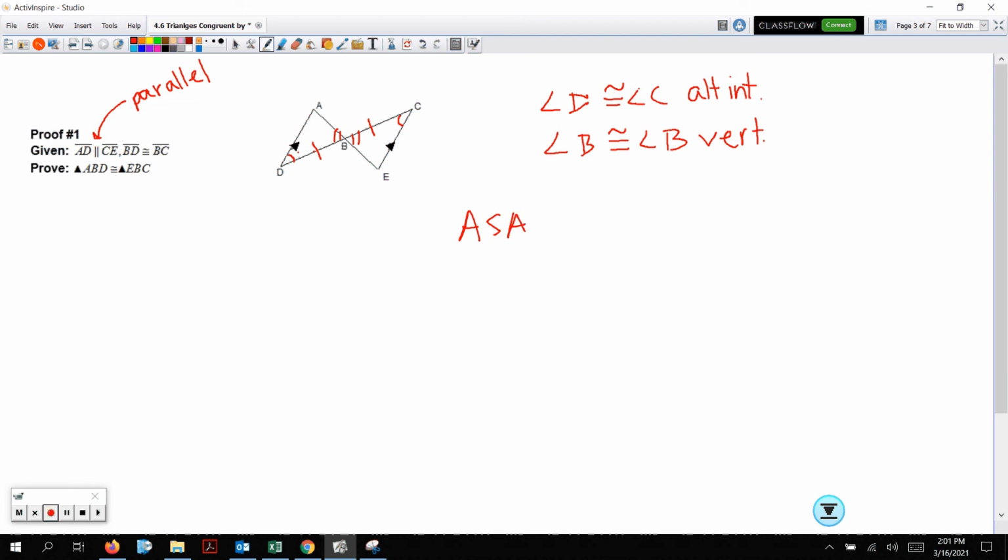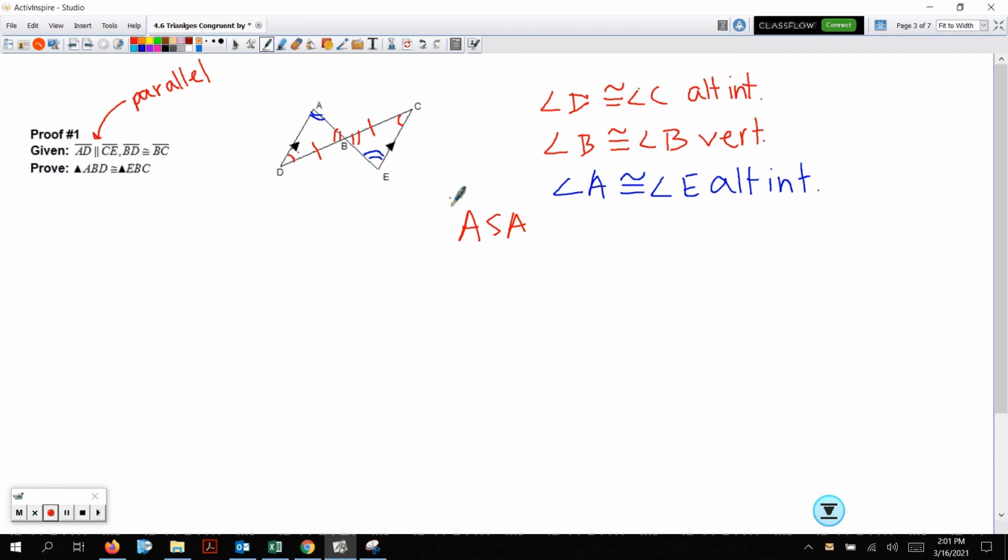I want to point something else out to you, not to make it more confusing, but notice that angle A is congruent to angle D because they are also alternate interior. I didn't need to do this because I already proved it was congruent using angle, side, angle, but if you see here now, I have angle, angle, side.